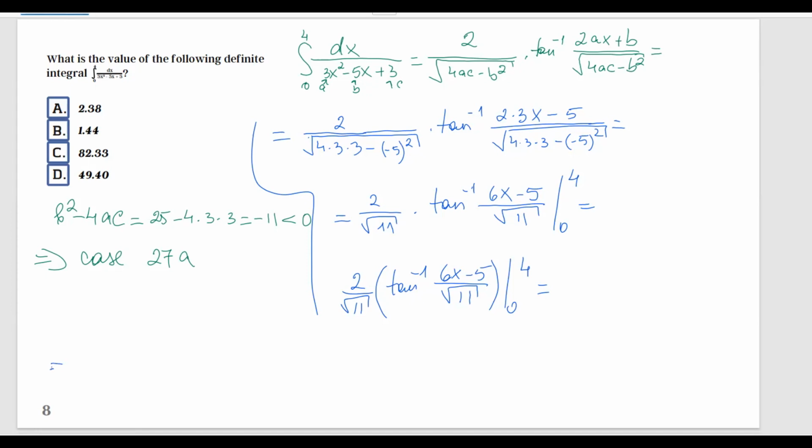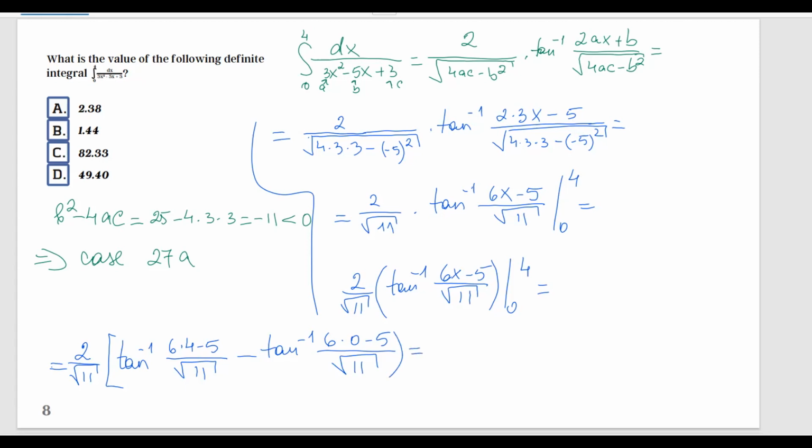Let me see if I can do it very nice, very organized here. So 2 over the square root of 11. And then we're going to have, let me put this parenthesis, tangent minus 1 of 6 multiplied by 4 minus 5 divided by the square root of 11, minus tangent power minus 1 of 6 multiplied by 0 minus 5 over the square root of 11.